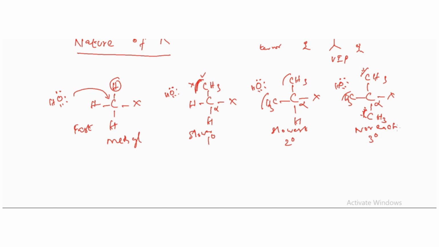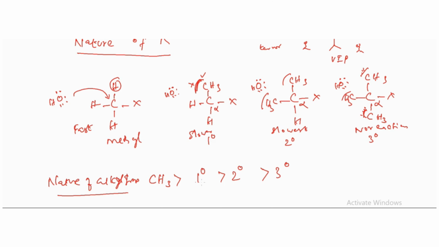That means nil or no reaction. In conclusion, methyl will go faster than primary, followed by secondary, then tertiary. This is the nature of the alkyl group.